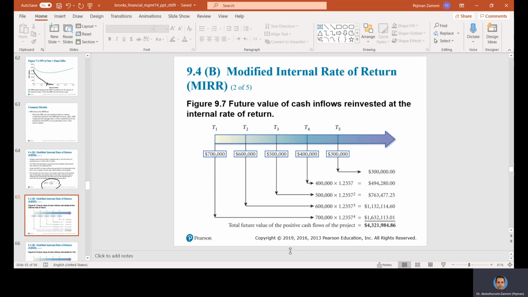Okay, see, this is an example where we have all these cash flows, and then we take all these to the future value. This one is already in the future value. Then this one, we take it to the future value for 1 year. This one, we calculate the future value for 2 years. This is 3 years, and this is for 4 years, and we add all these numbers together.